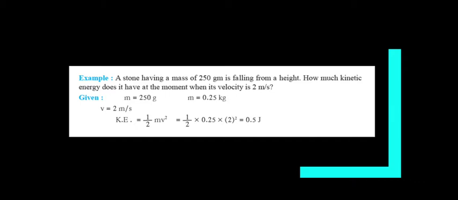So put kinetic energy is equal to half m v square. m's value is 0.25 kg and v is 2 meter per second. Putting all the values, what you get is 0.5 joules, right? Because here this is Newton meter, that will be joule. So you get 0.5 joule. Followed?